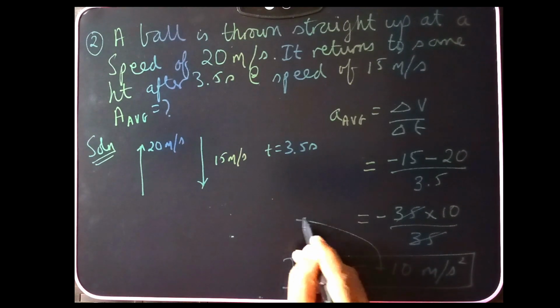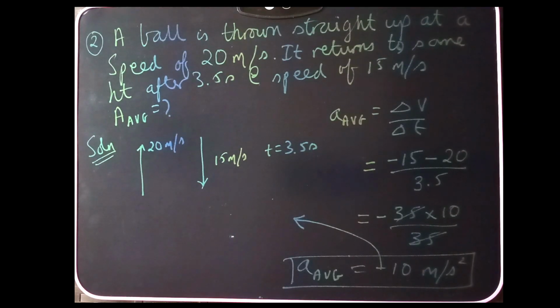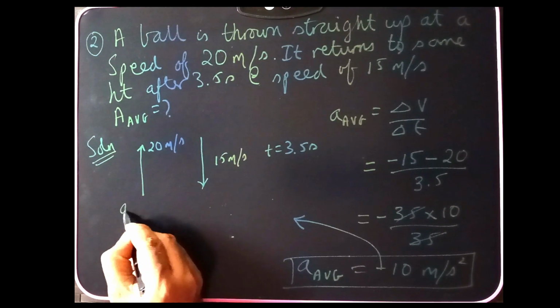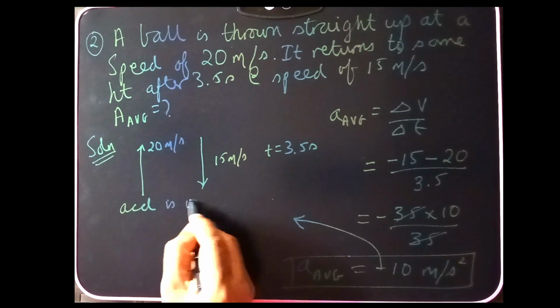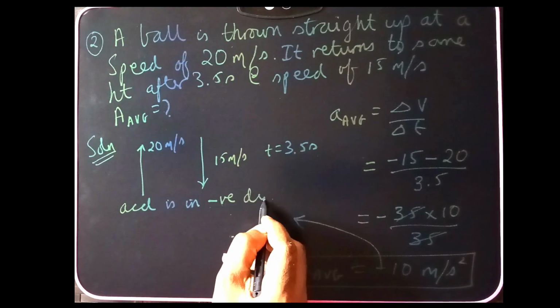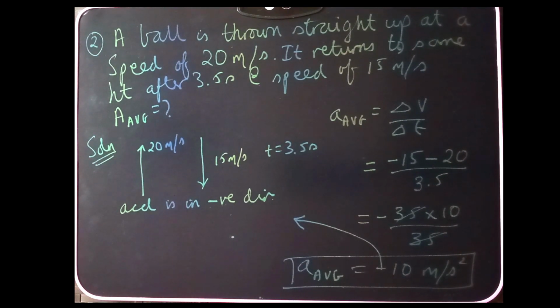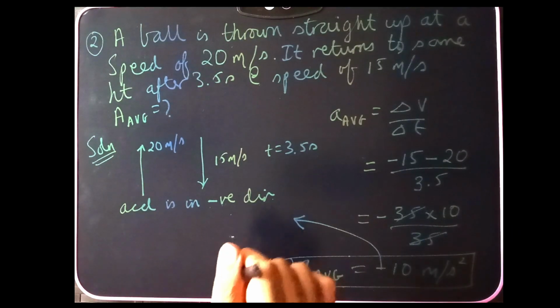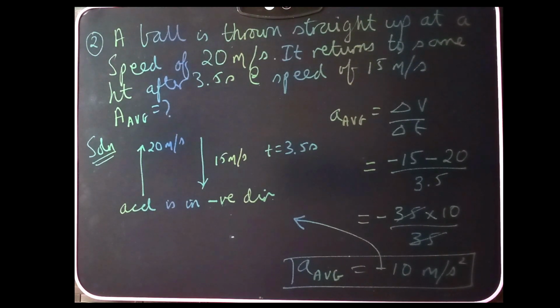It's not asked in the question, but nevertheless, let's understand it. The negative sign indicates that the acceleration is in the negative direction, that is, in the downward direction. The average acceleration is in the downward direction, which is expected, as acceleration is in the direction of the change of velocity.